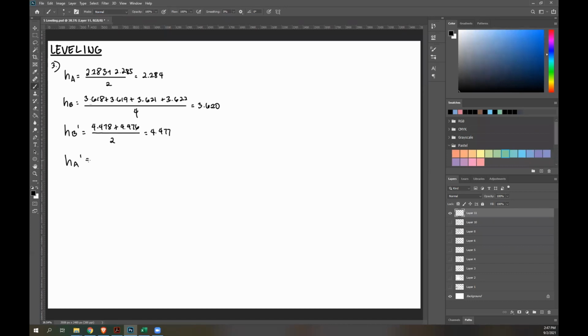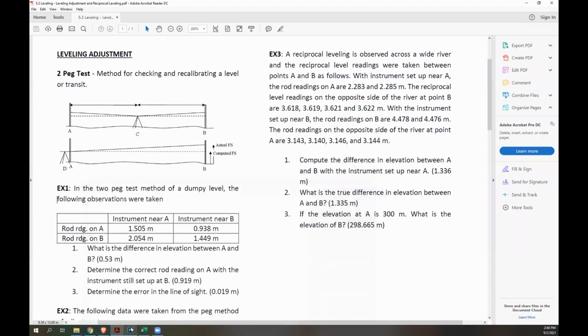So HA prime, that was 3.143 plus 3.144. These are 4 readings, so divide by 4, you're gonna get 3.14325. Okay, so that's all of your mean values.